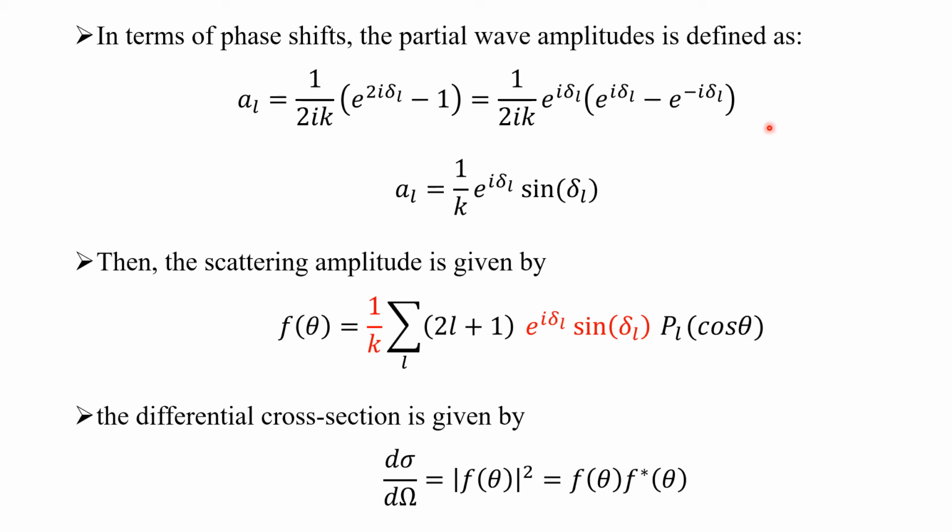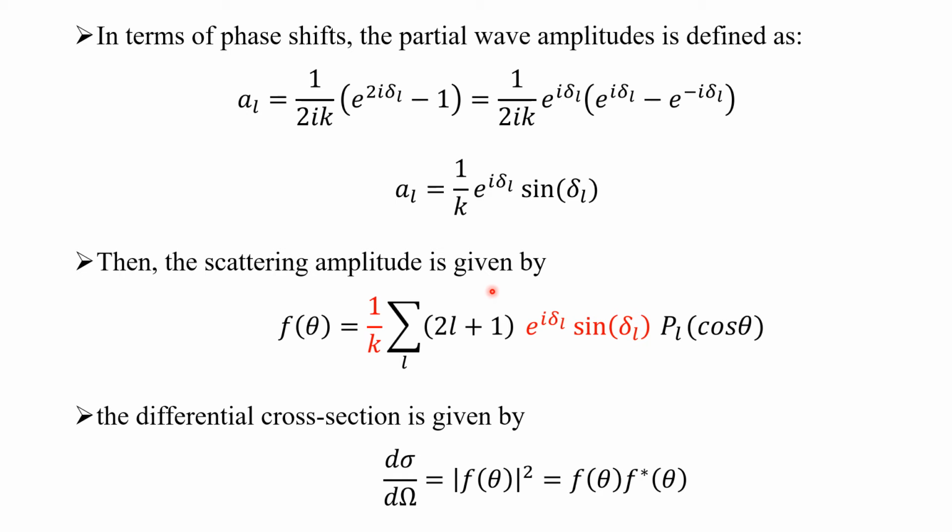The term in the bracket is equal to 2i sine delta_l. We know that e power i delta_l minus e power minus i delta_l is equal to 2i sine delta_l. This 2i will get cancelled, and you will get 1 over k, e power i delta_l sine delta_l.